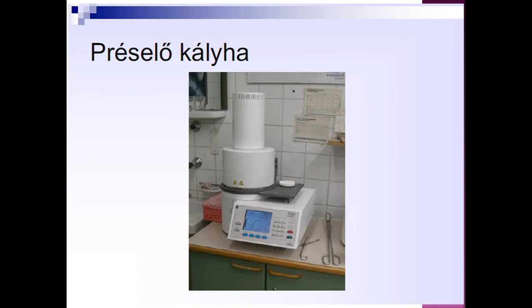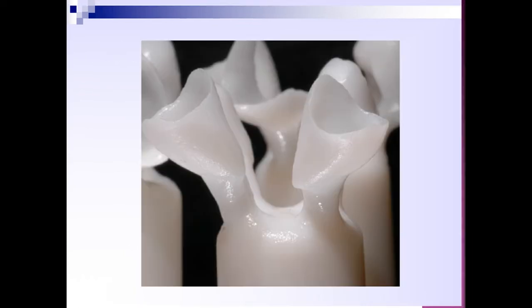So this is the furnace we use for fabricating ceramic restorations for pressing procedures, which is also known as heat pressing. So this is the final product. Once the substructure is formed in ceramic material, this is how it is going to look.